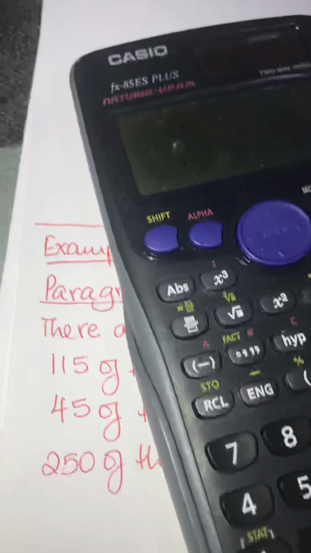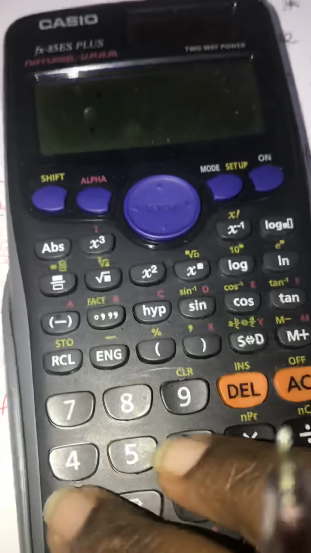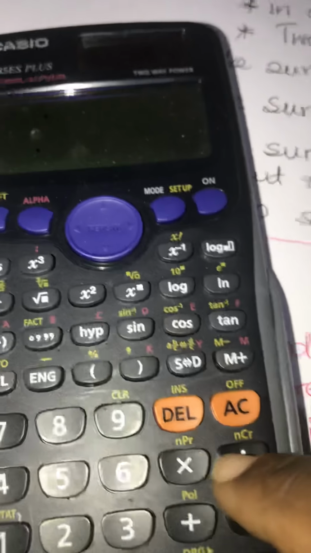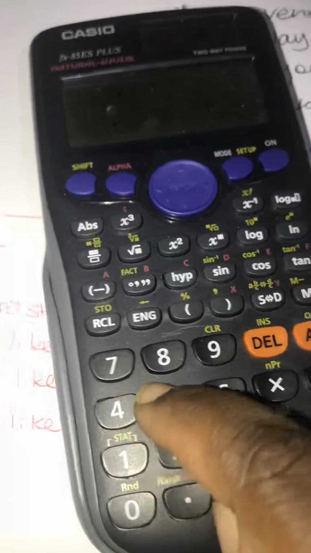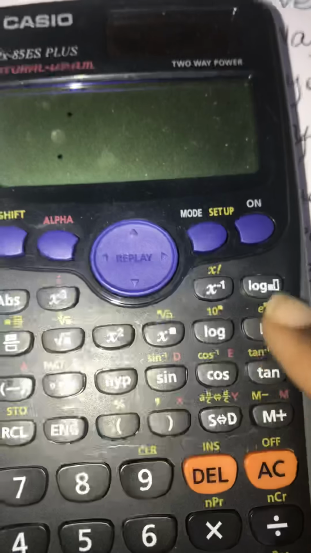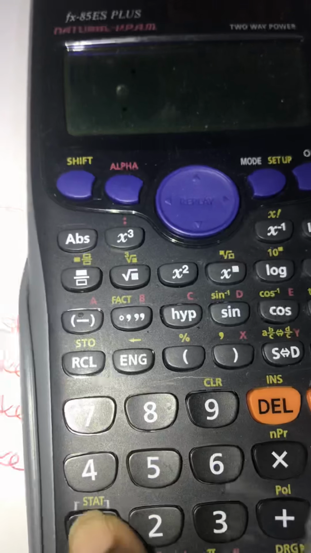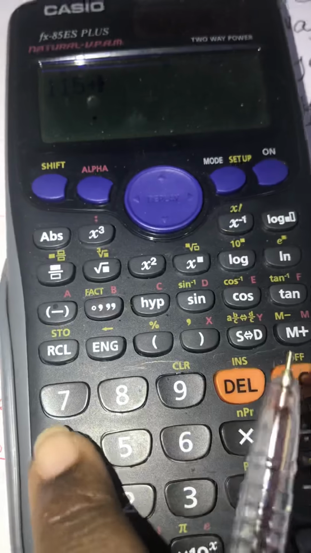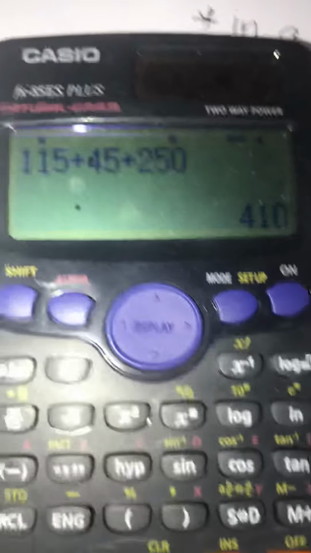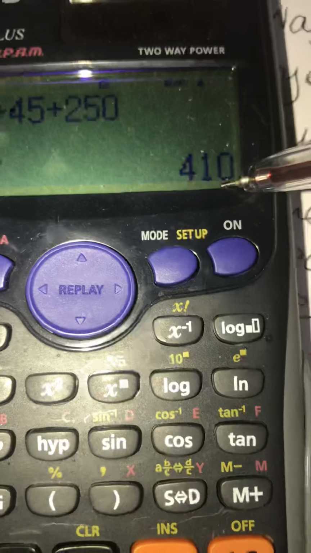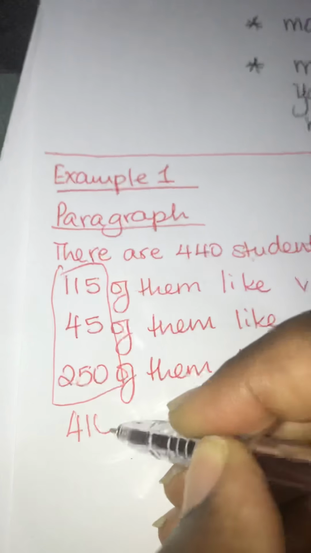So I am going to add them. 115 plus 45 plus 250. So I got 410. These three numbers here gave me 410.